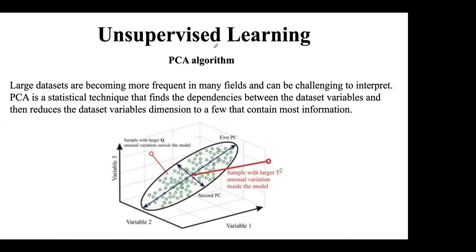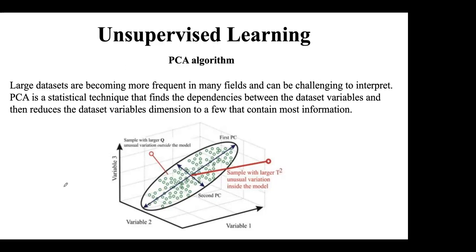So first, let's start with PCA, or principal component analysis. Mostly, large datasets in the real world are becoming more frequent in many fields, and there is a challenge to interpret them. So PCA is a statistical technique that finds dependencies between the dataset variables, and then reduces the dataset's variable dimensions to a few that contain the most information.